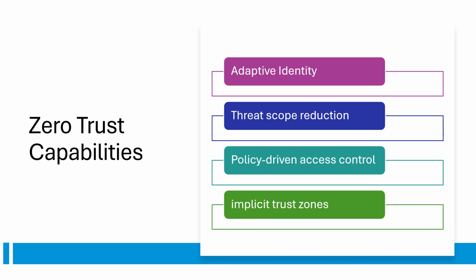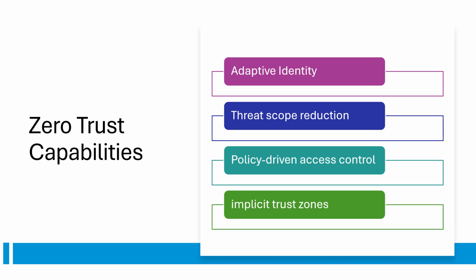Three, policy-driven access control. Access decisions are made based on detailed policies that consider the identity, context, and compliance status of the requester. This ensures that only authorized and compliant entities can access specific network resources under secure conditions. And four, implicit trust zones. While zero trust advocates for minimal trust, practical implementations may involve zones with varying levels of trust, particularly around sensitive data.